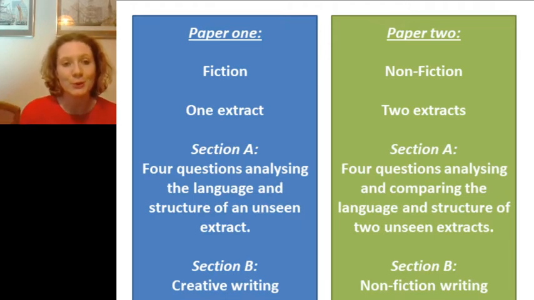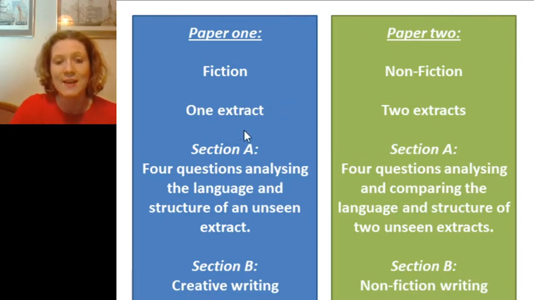If you don't know already, your GCSE English language is split into 2 papers, paper 1 and paper 2. Paper 1 is fiction, so it's stories, things that aren't real. You get given 1 extract that you've never seen before, that you have to read in the exam.